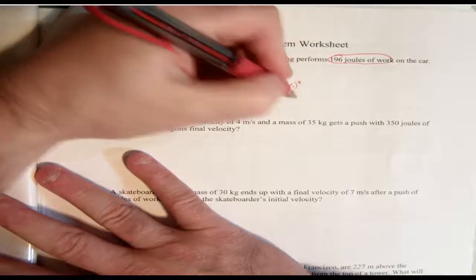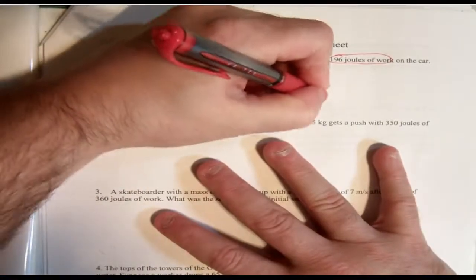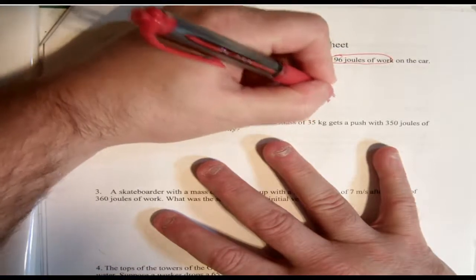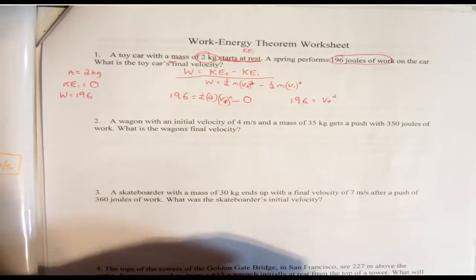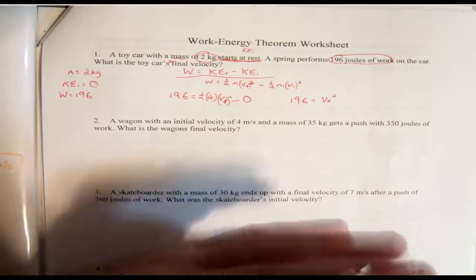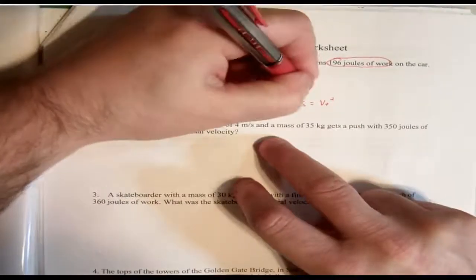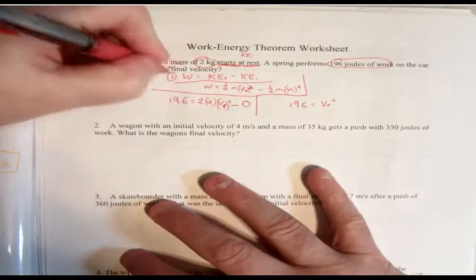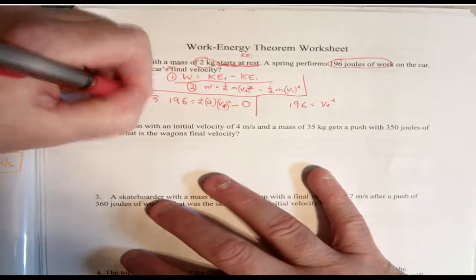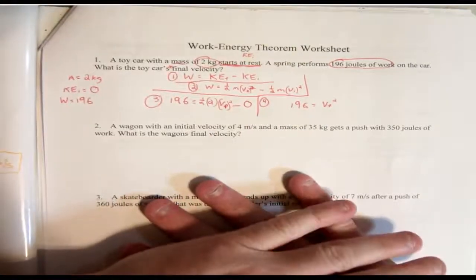So I'm going to put 196 equals final velocity squared, because we don't really need to put the 1 there. And then we don't need to put minus 0. Let's section this off. We started here, step 2, step 3, we're at step 4. So we have 196 equals final velocity squared.